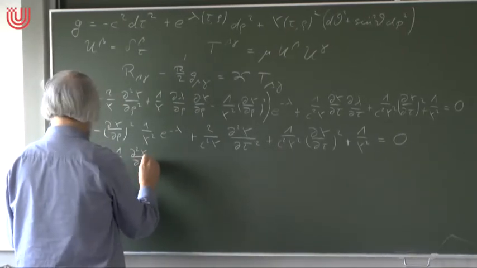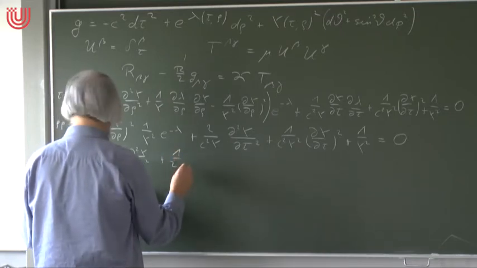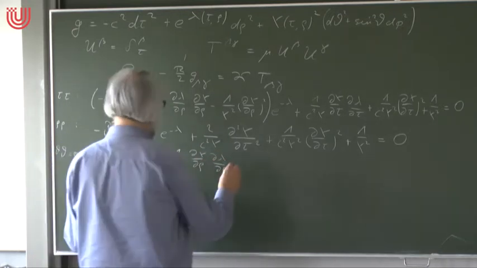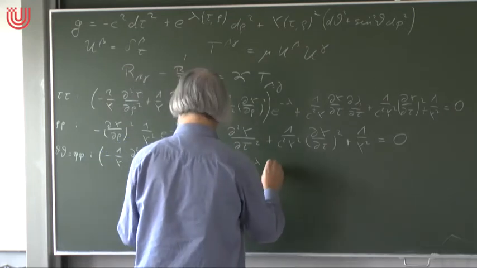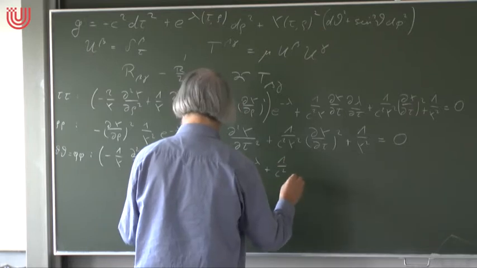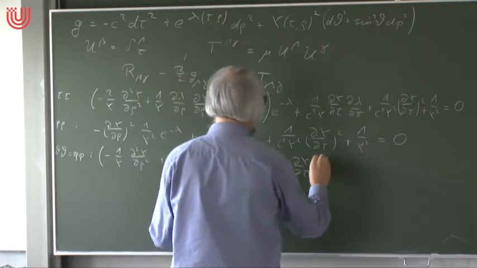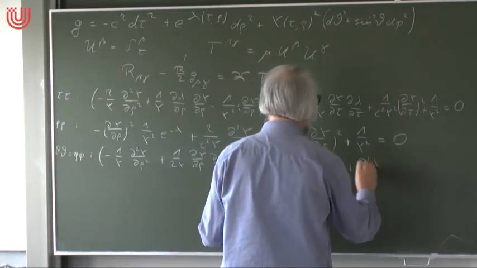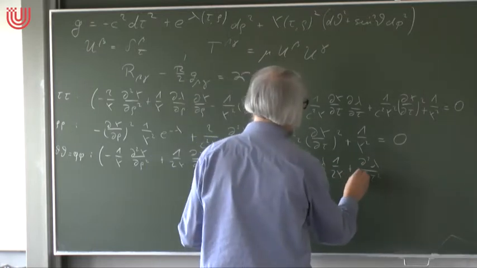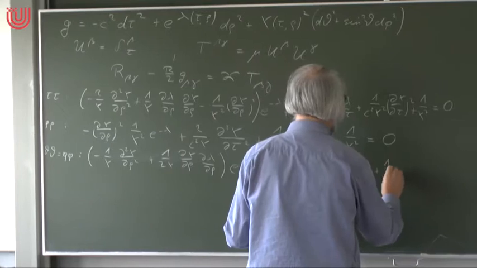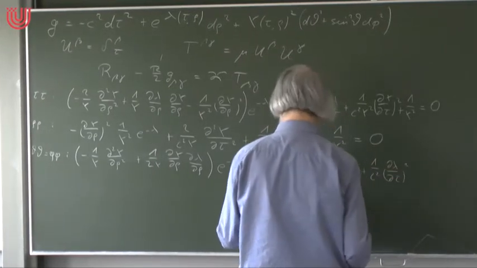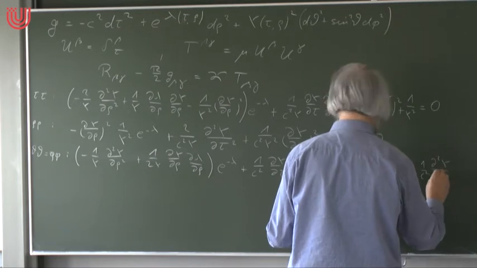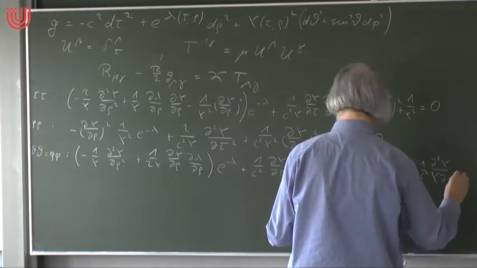Minus 1 over y, second derivative with respect to rho, plus 1 over 2y, dy by d rho, d lambda by d rho, e to the minus lambda, plus 1 over c squared, dy by d tau, d lambda by d tau, 1 over 2y, plus second derivative of lambda with respect to tau and the factor 1 over c squared, plus 1 over c squared, d lambda d tau squared, plus 1 over c squared, second derivative of y, and the y in the denominator, d tau squared is 0.